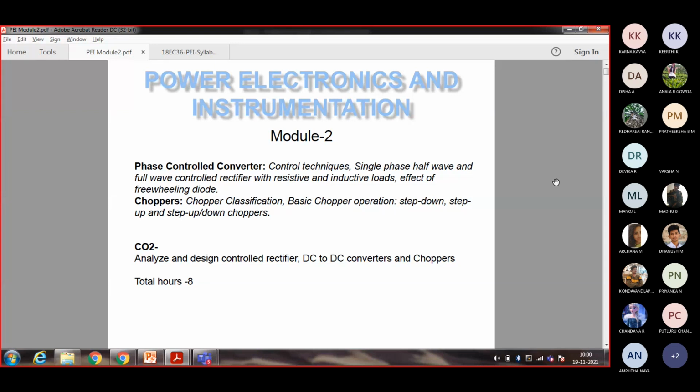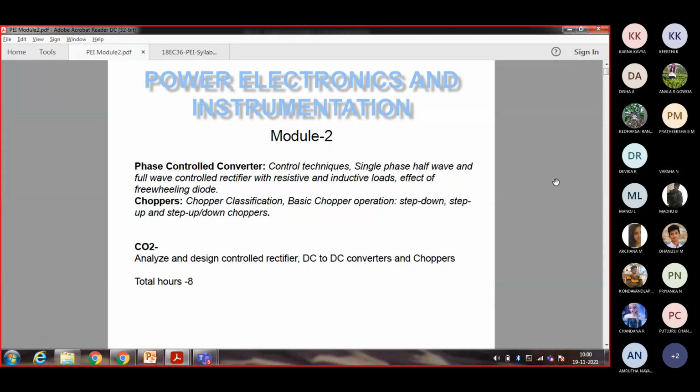We'll be having the resistance, we'll be having the inductance as a load, and if these two are the loads, what we can get, we are going to check it out. And effect of freewheeling diode. The operations of freewheeling, what do you mean by freewheeling, and how it is going to perform your conversion.